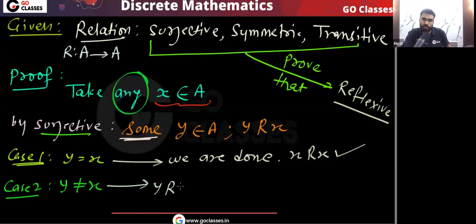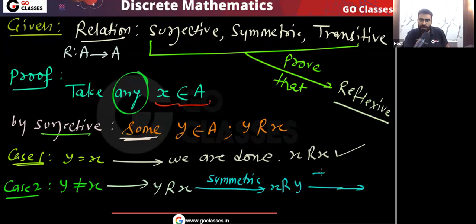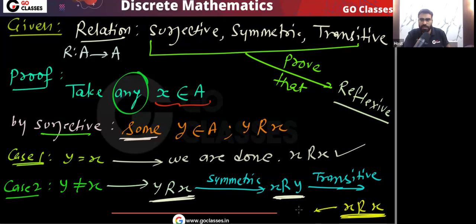We have Y is related to X. Now, by the symmetric property, X is related to Y. And after that, by the transitive property, X related to Y and Y related to X, so X will be related to X. Again, we are done. Yes or no? Again, we are done.